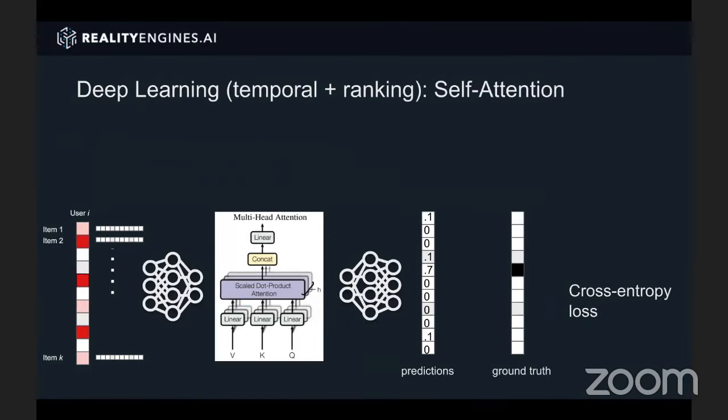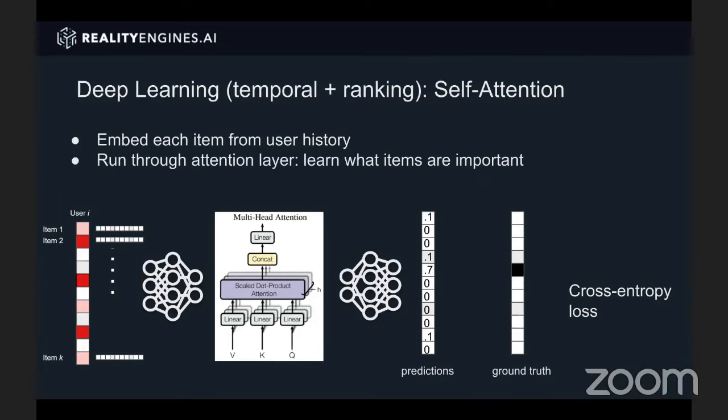Okay, so another common approach is to replace the GRU with an attention model. And the idea here is that, if you're familiar with NLP literature, everyone used to use RNNs for NLP, but then they found out that actually attention works better. So the same is true for recommender systems.